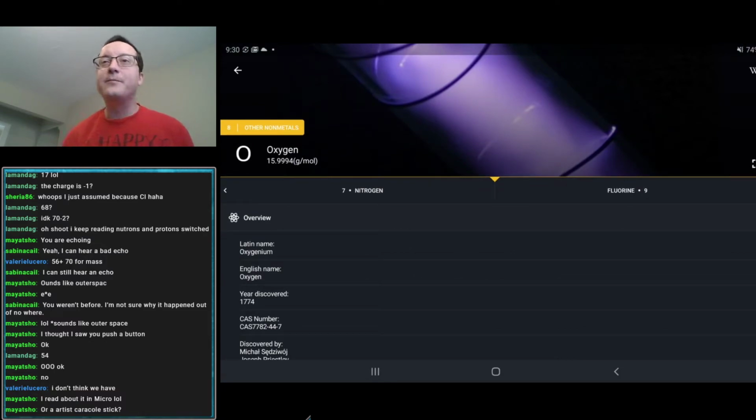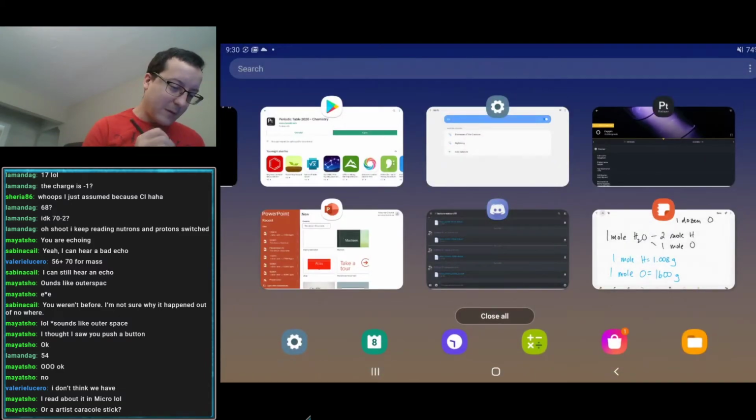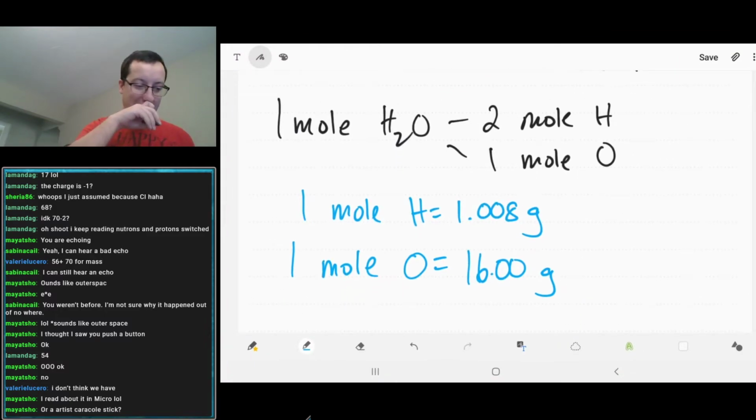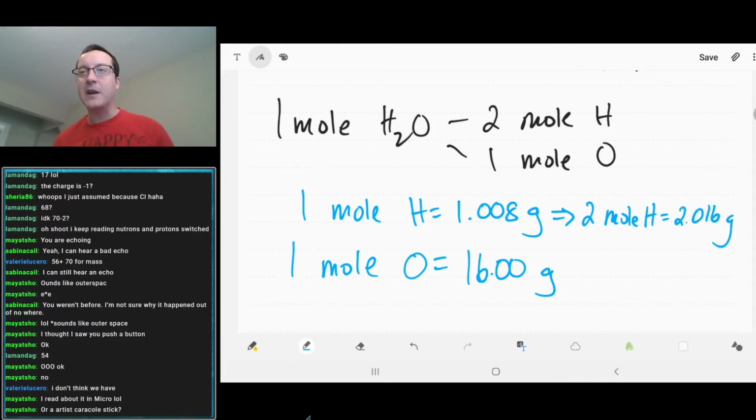I'm going to just say 16 because we don't need all those sig figs right now. Okay, so I've got those. And so 2 moles of hydrogen would be that many grams, right? If 1 mole is 1.008, 2 moles is just 2 times that.